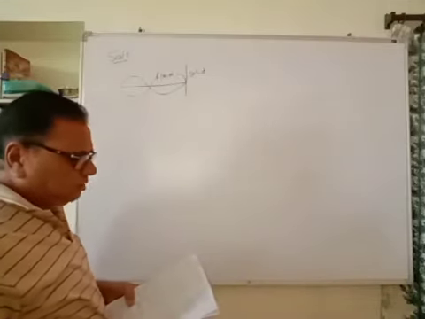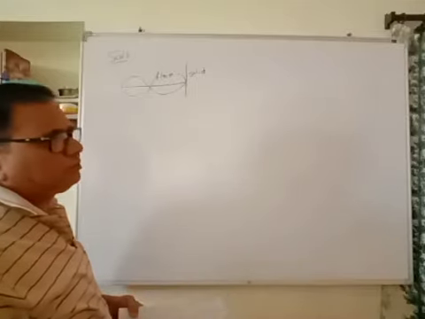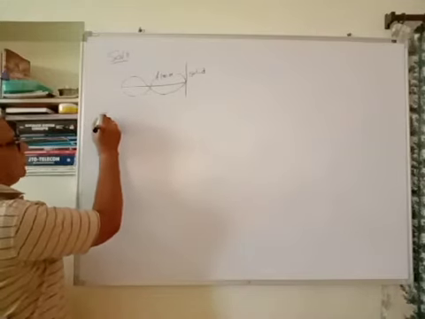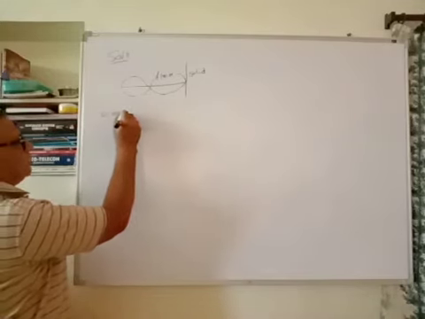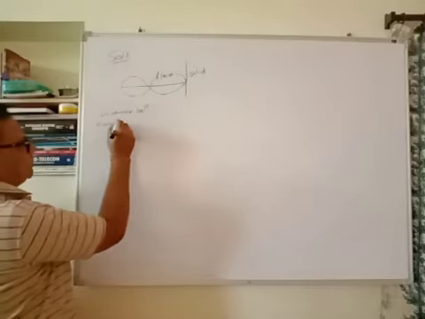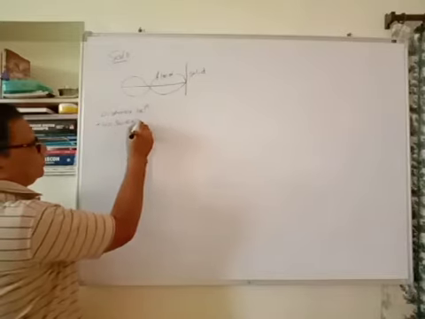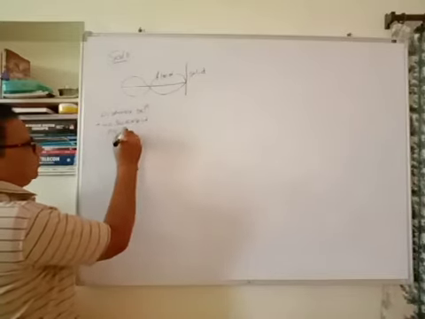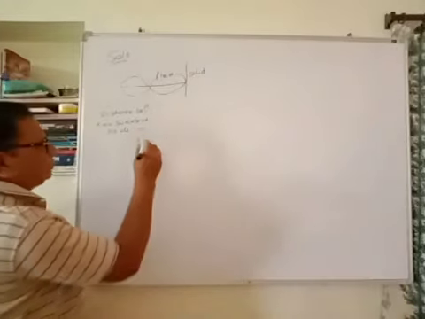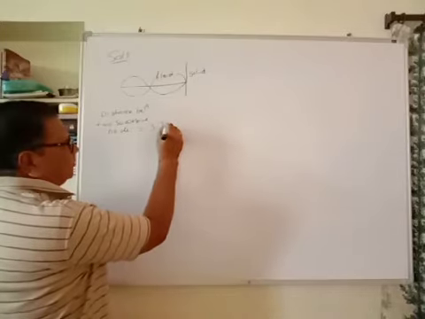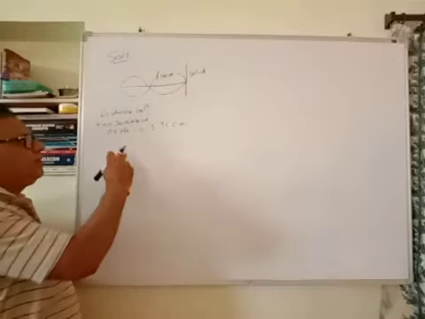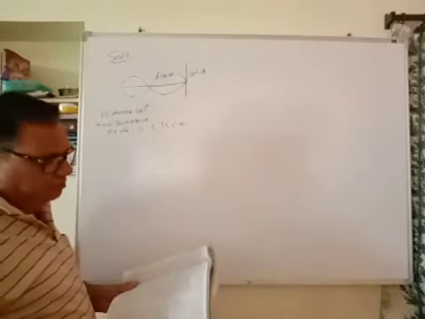The distance between two successive nodes, what has he given? The distance between two successive nodes is given as 3.75 centimeter.